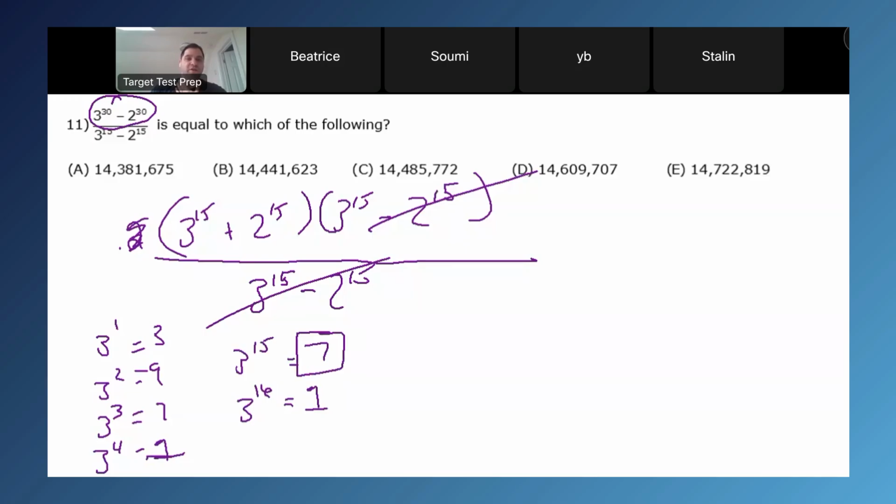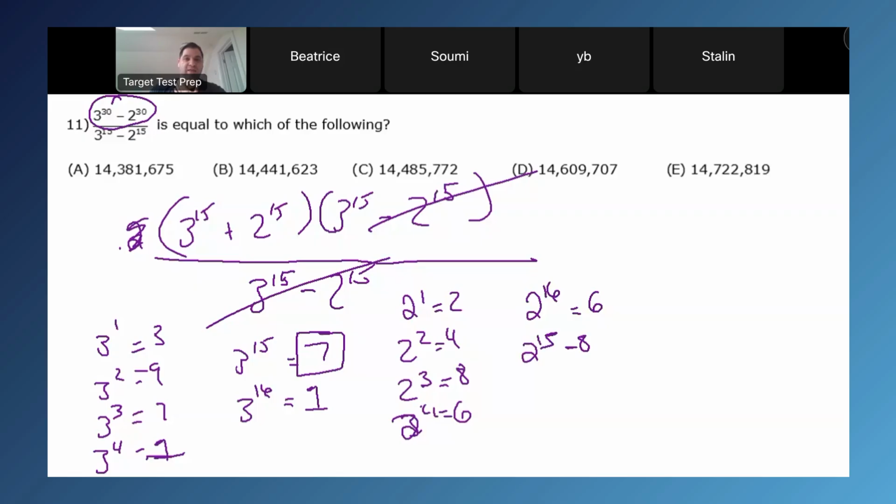And then you do the same thing with 2s. 2 to the 1 is a 2, 2 to the 2 is a 4, 2 to the 3 is an 8, 2 to the 4 gives you a 6, right? Same deal, 2 to the 15, so you do 2 to the 16 because it's a repeating pattern of 4. That's going to give you your 6. 2 to the 15 is going to give you your 8.